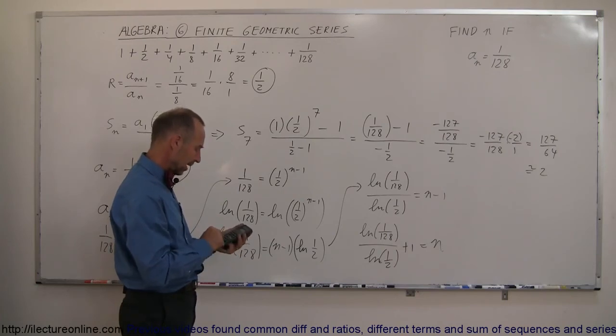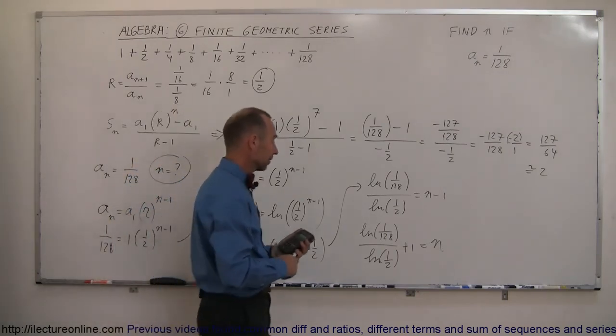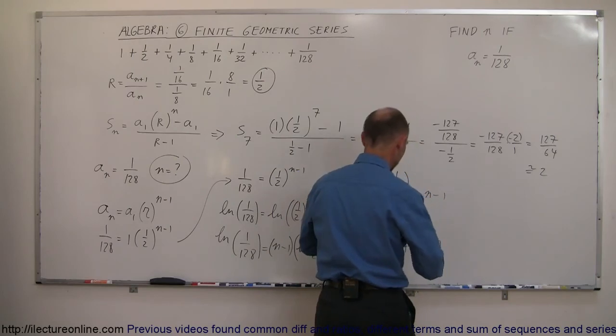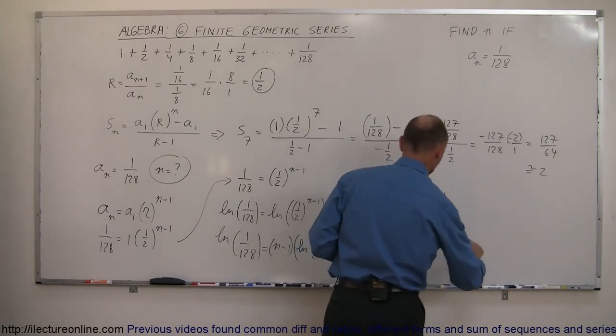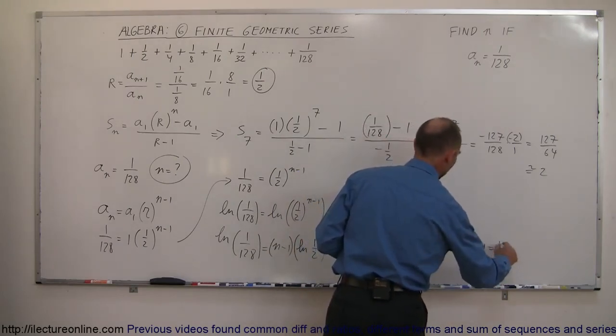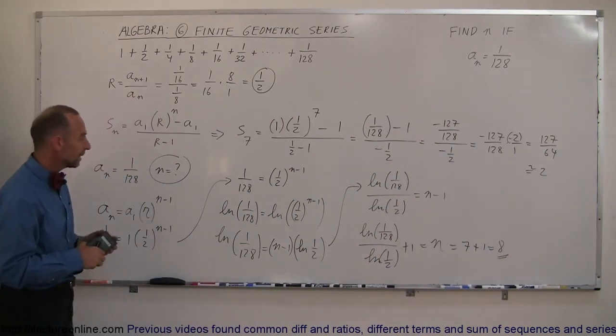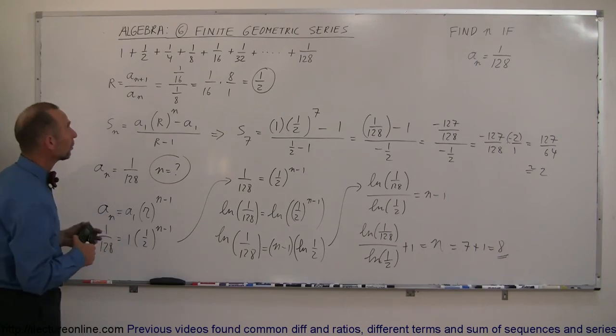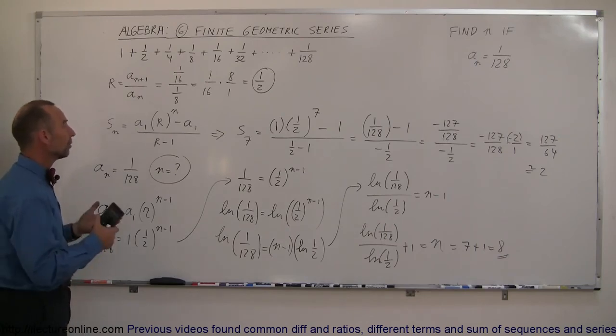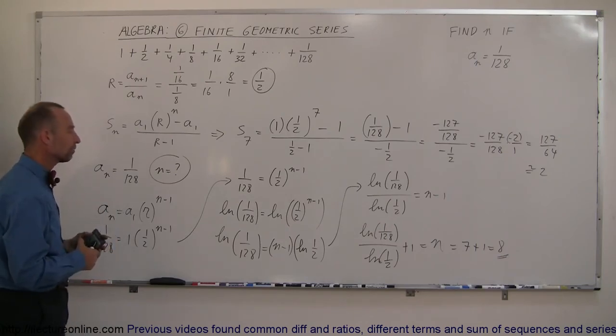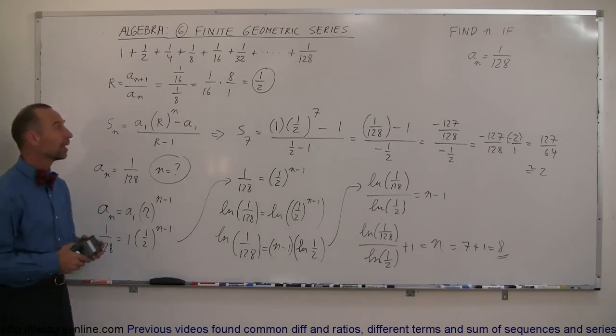Then we add 1 to that, and we get 8. So this is equal to 7 plus 1, which is 8. That's kind of a neat way to find n. What term is it, if the nth number is 1 over 128 in this series? Okay, and that's how you do that.